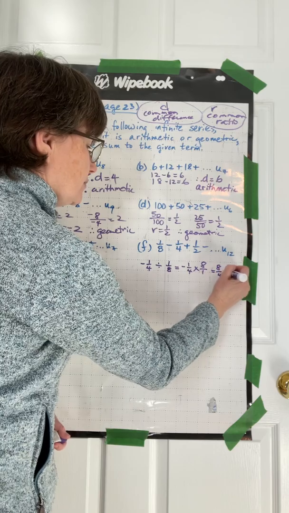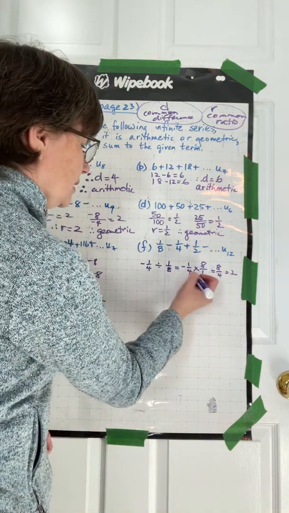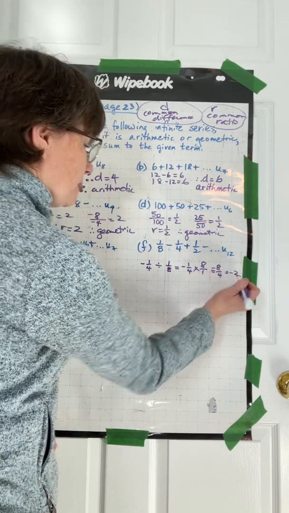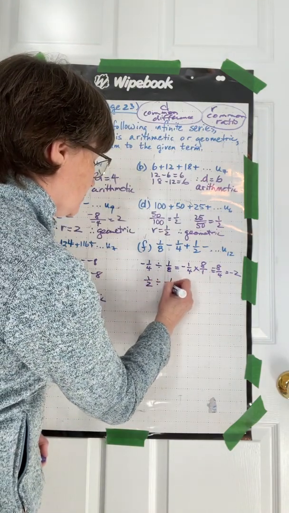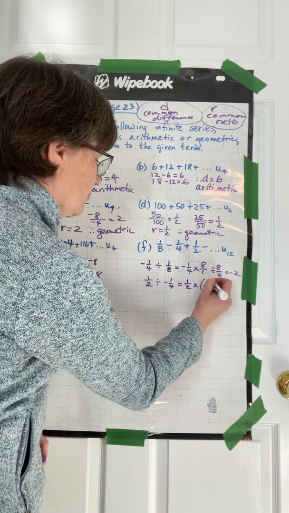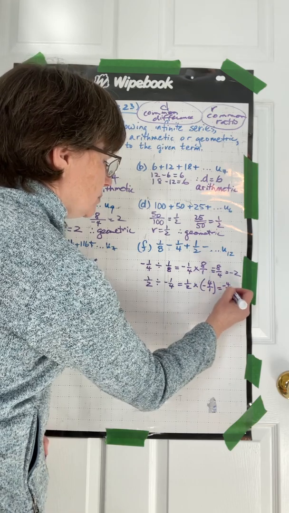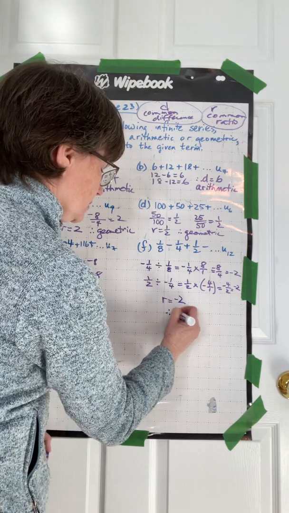So that's negative 8/4, which is negative 2. And the next one, 1/2, divide it by negative 1/4 is like 1/2 multiplied by negative 4/1, which is negative 4/2, which is negative 2. Therefore, R is negative 2, and it is geometric.